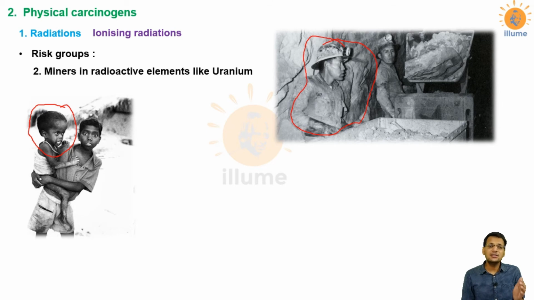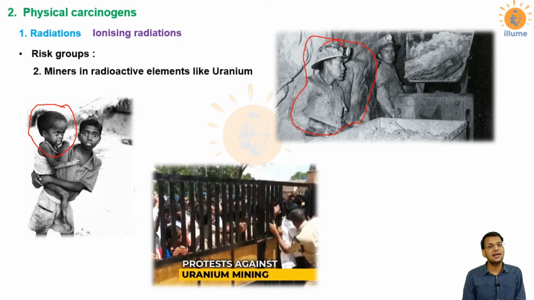There are some rules and regulations that need to be followed, but when they are not followed, things like this happen. So you would always hear about protests by the villagers nearby those areas. They protest against the excavation of such material from the earth.